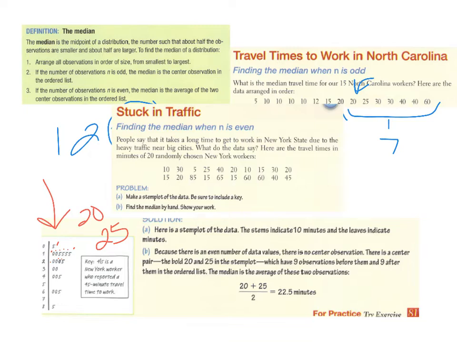So to find the median here, we would add those 2 data points together. That's our center pair. We have 9 observations below them and 9 observations above them. Add those 2 together and then divide by 2, and we get our median here of 22.5 minutes.